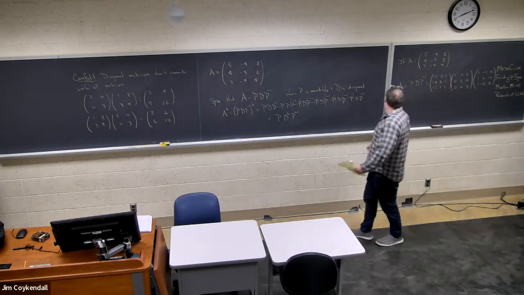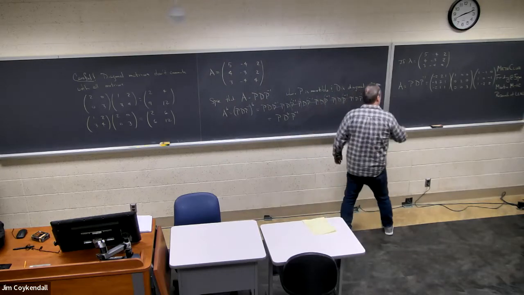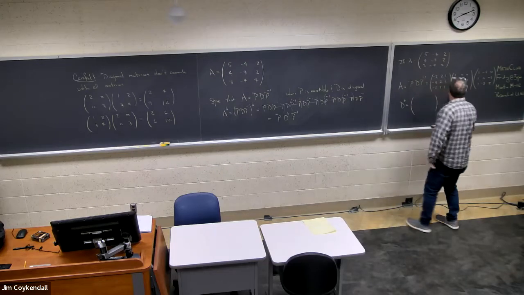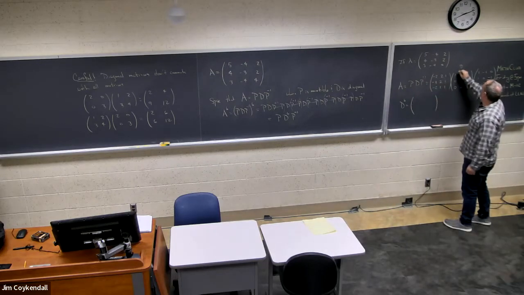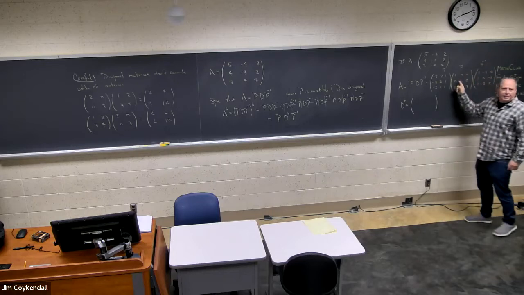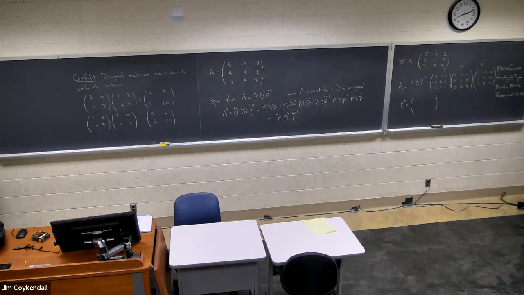Now, if I want to compute this, notice that what is D to the 6th? Quickly, A is P D P inverse. What's the 6th power of this? It's just the 6th power of the diagonal matrix.